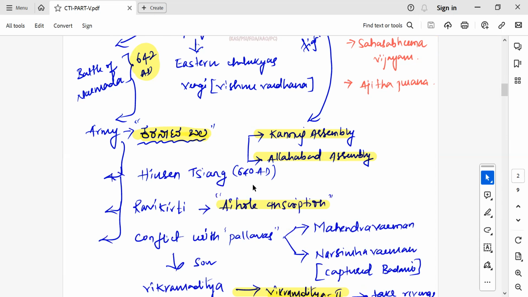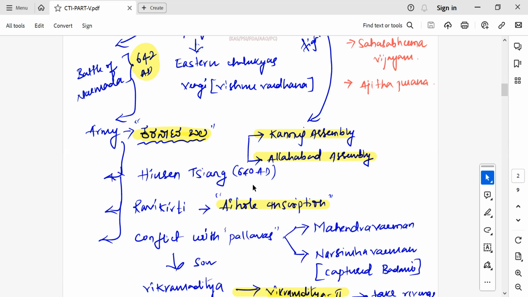And one more thing, of course, everyone knows Harsha organized the Kanauj Assembly and the Allahabad Assembly, where he felicitated the Chinese traveler Huien Tsang in 640 AD at the Kanauj Assembly. The Kanauj Assembly was a felicitation for Huien Tsang, and after that ceremony he even attended the kingdom of Pulikeshi II.